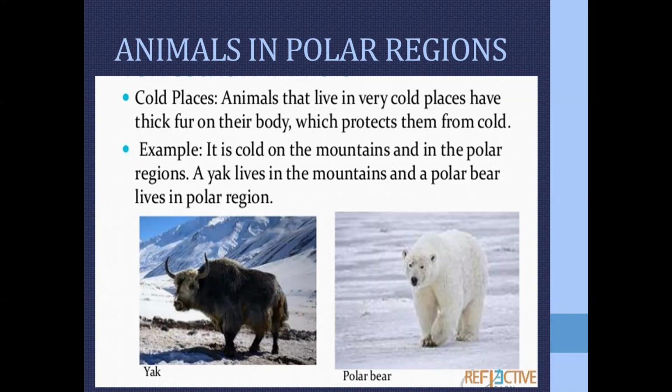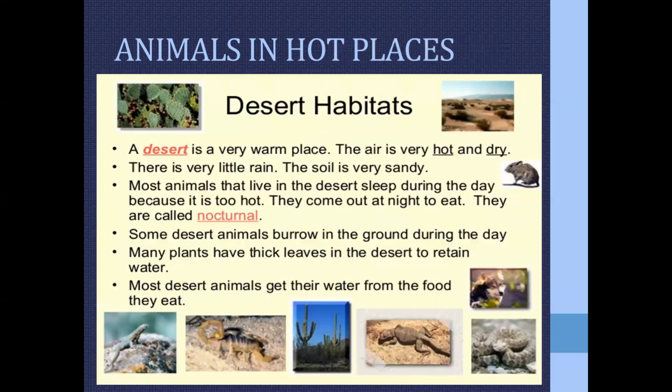Okay, next we will go for the animals that live in hot places, like the desert. All of you know that a desert is a very warm place. You have learnt about it, and our surrounding is also somehow like the desert. The air is very hot and dry.